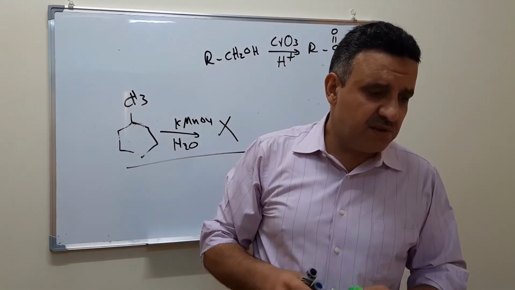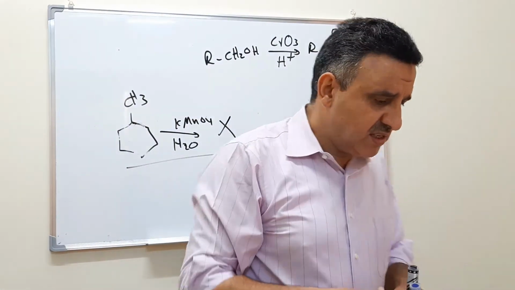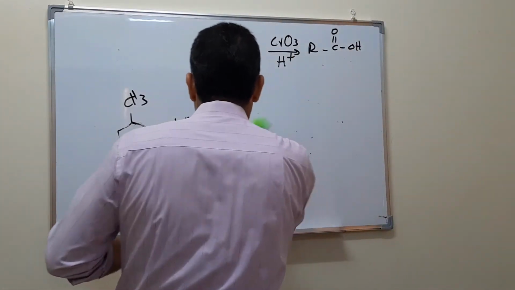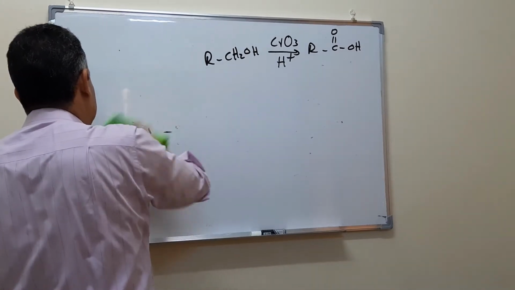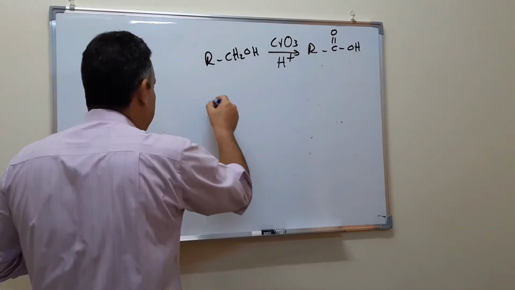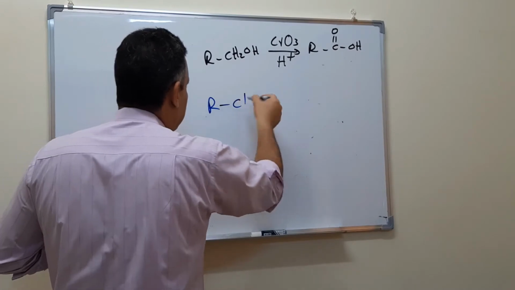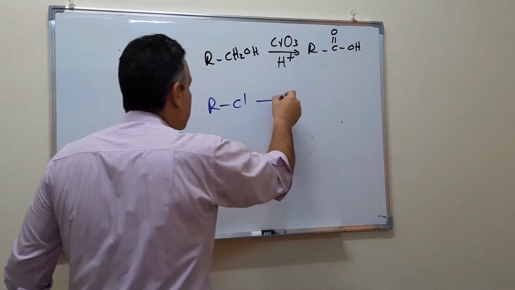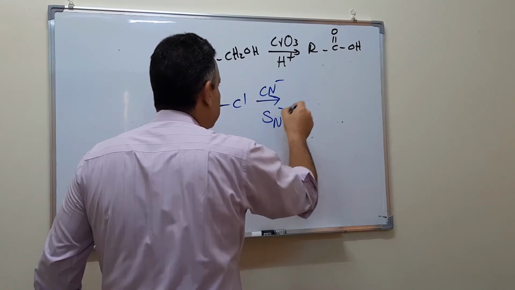The third method is by hydrolysis of nitriles. Whenever we have a nitrile, C triple bond N attached to R, we call it a nitrile. In order to get the nitrile, we need an alkyl halide, for example RCl. We make a nucleophilic substitution via an SN2 reaction.